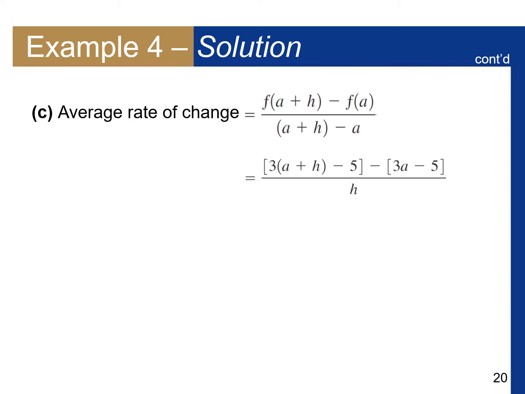So here they're saying, now let's look at this line everywhere. So let's look at it at a plus h, and let's look at it at a. Now, a plus h means any distance away from where you started. I'm just going to add a distance from where you started it. If f of a is my starting point, a plus h is going to be a distance away from where it started.